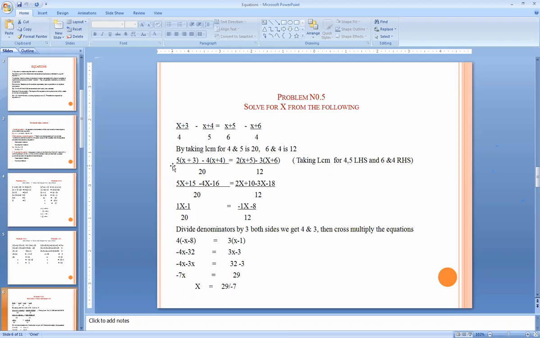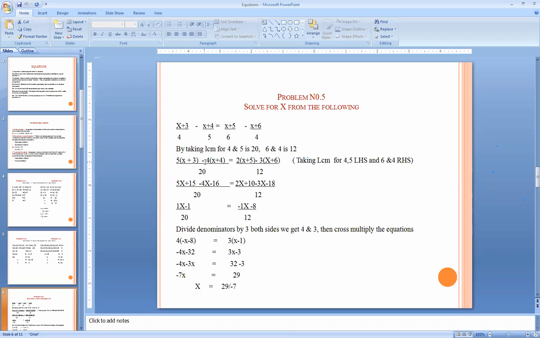See, the sign is plus, so plus into plus is plus. 5 into x is 5x. Then plus 5 and plus, so plus into plus is plus. Then 5 3s are 15. After opening the brackets we got 5x plus 15.